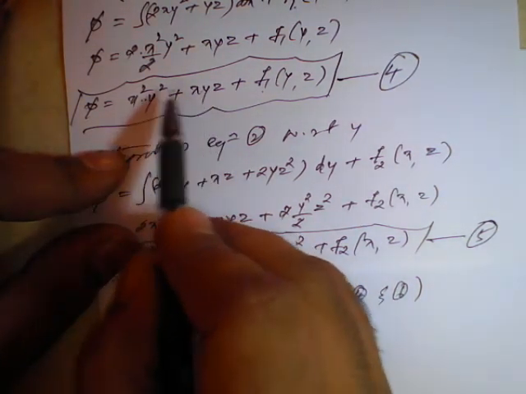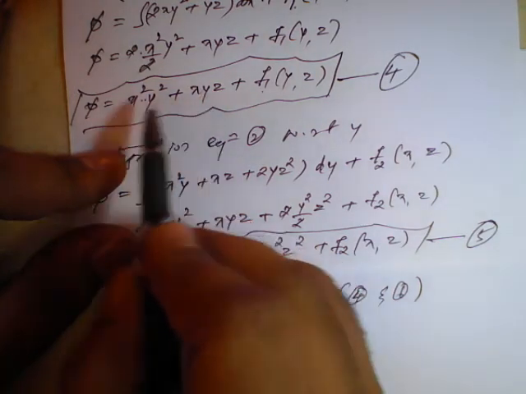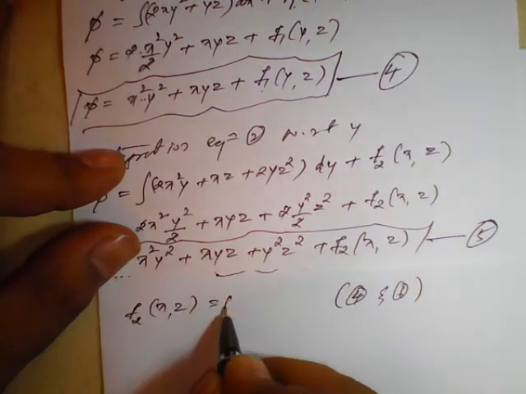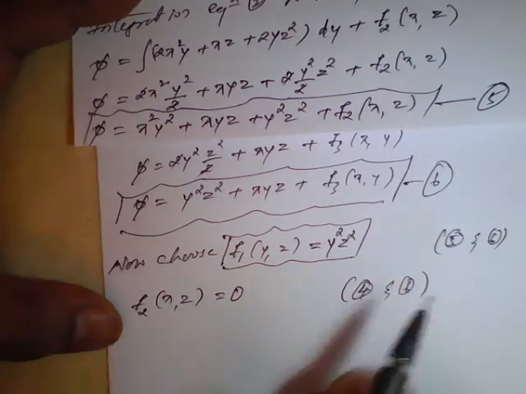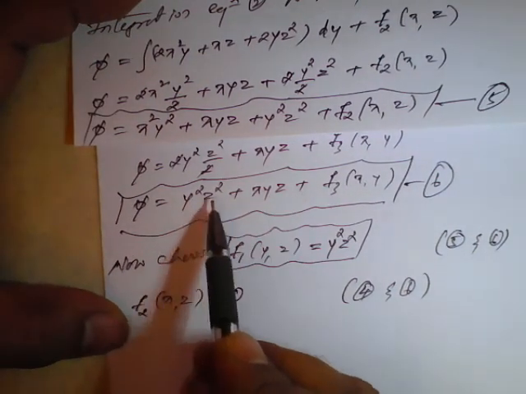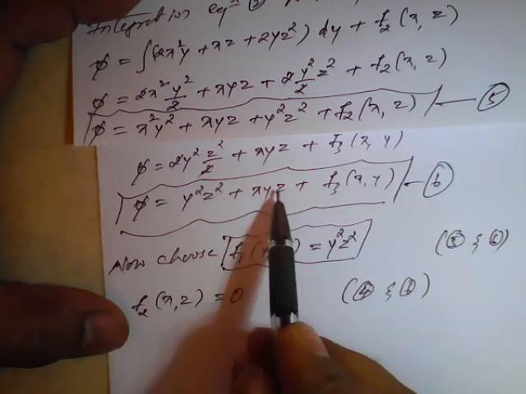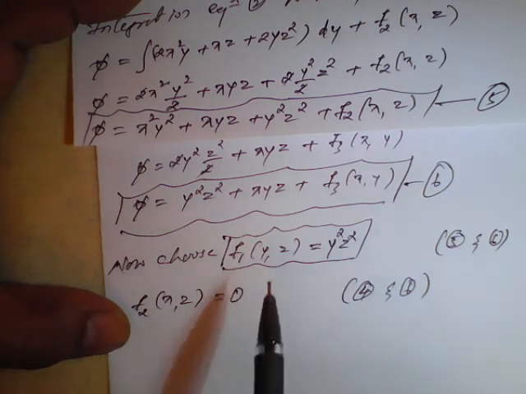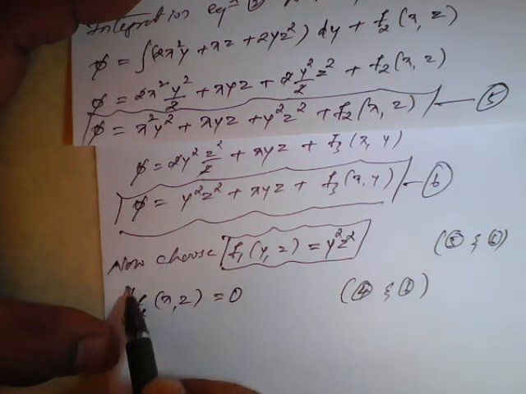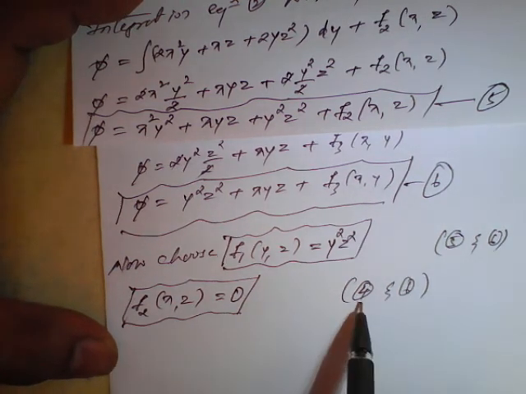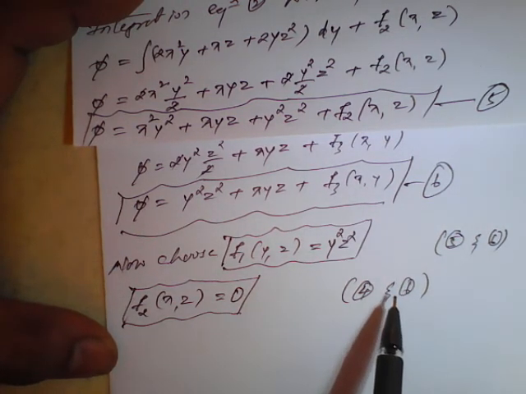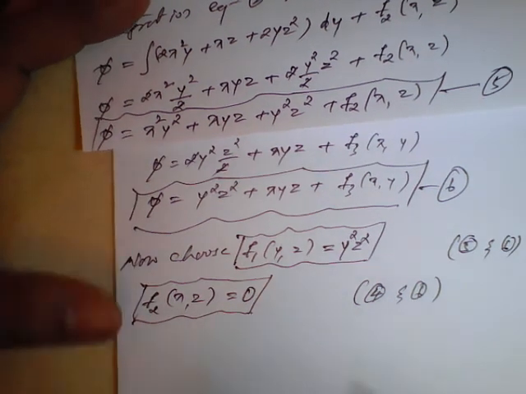So no term in equation 4 is free from y, that's why 0. In equation number 6, the first term has y and the second term also has y. So f2 of xz we choose as 0, because in equations 4 and 6 there is no term free from y.